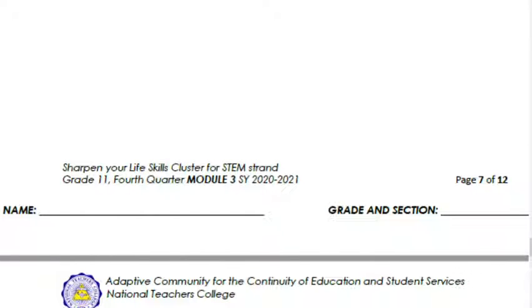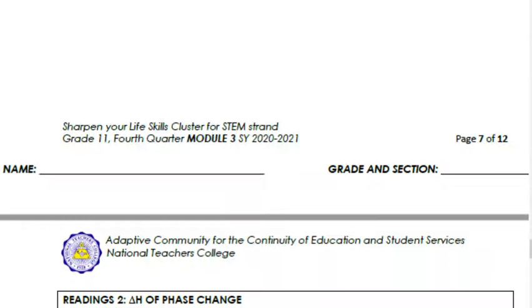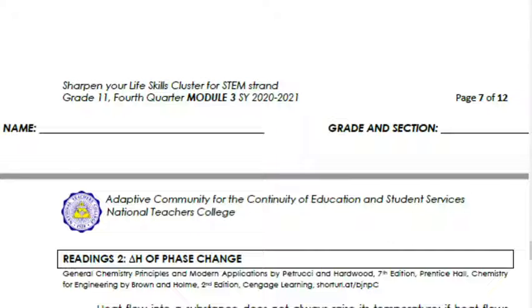Readings 2 is about enthalpy of phase change or heat of phase change. As heat flow into a substance does not always raise its temperature.